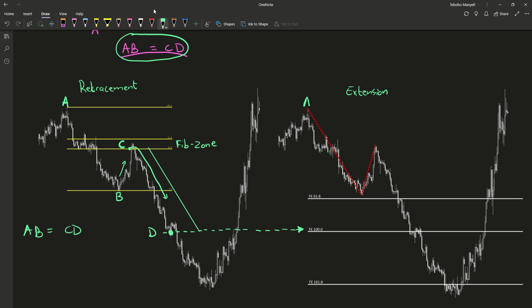We've got point A up here, point B here, point C here, and the market already moved all the way down to point D. So potentially the market could have taken this support here and reversed and gone all the way up. But the market decided, you know what, I'm going to break this 100 point and retest it. So here we broke it, then we retested, then we continued going down to the next level.